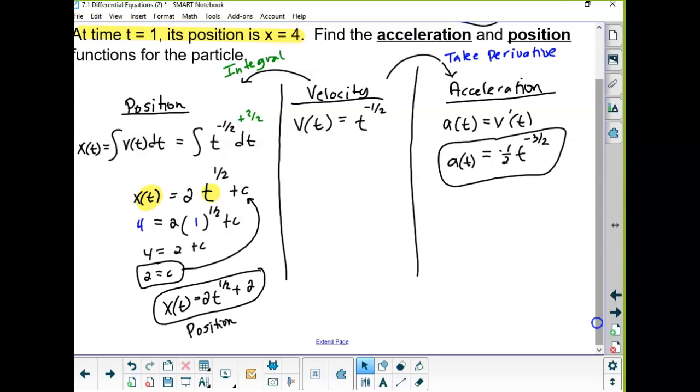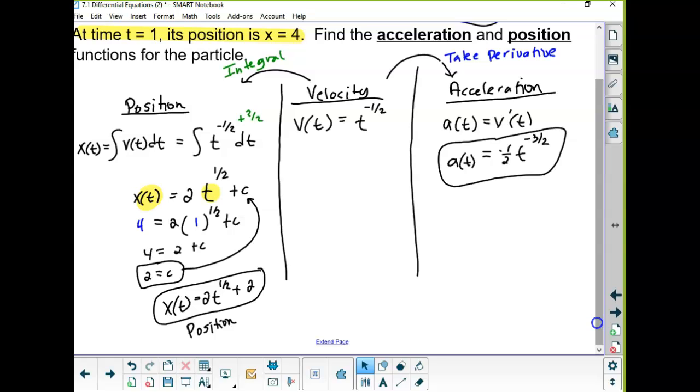This is one of the ultimate questions, right? We'll give you the velocity. You have to apply trimester 1 knowledge to take a derivative and find the acceleration. You have to apply trimester 2 knowledge to undo the derivative to get the position, which is the integral. These are great calculus problems because they require knowledge from all different pieces of the year.